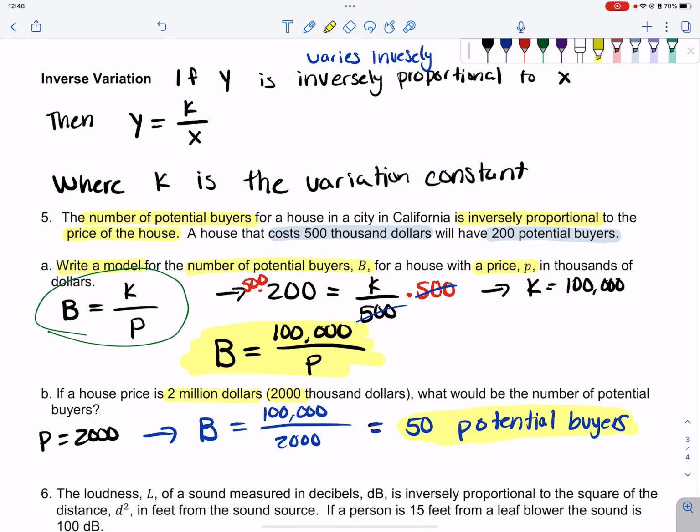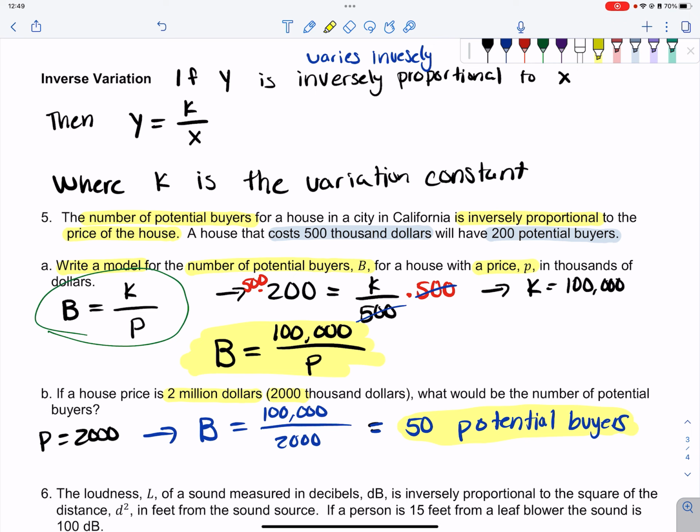A lot of times it's helpful to think through our answer to make sure it makes sense. We were told that these two things vary inversely from each other. They're inversely proportional. So if the price of the house goes up, the number of buyers should be going down because there are going to be fewer people that can afford it.